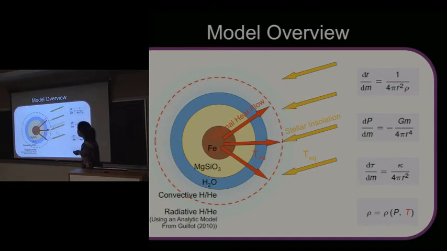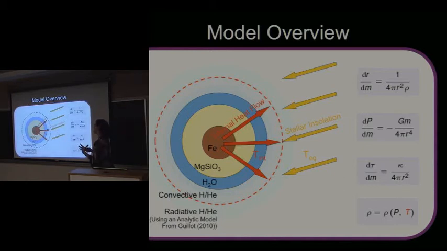Okay, so I consider spherically symmetric, fully differentiated planets in hydrostatic equilibrium. I allow for several different chemical layers, with the more dense layer being at the center: a metallic core, silicate mantle, possible water or ice layer, surrounded by a gas.